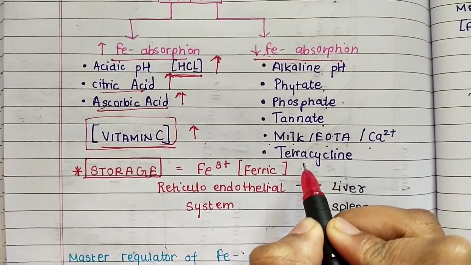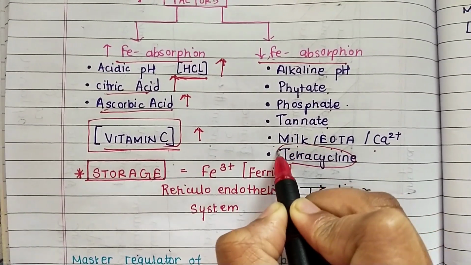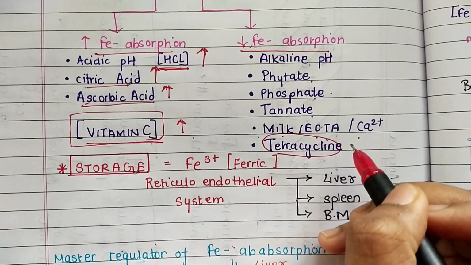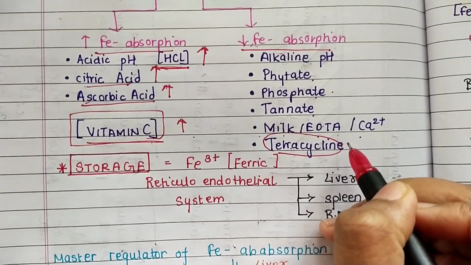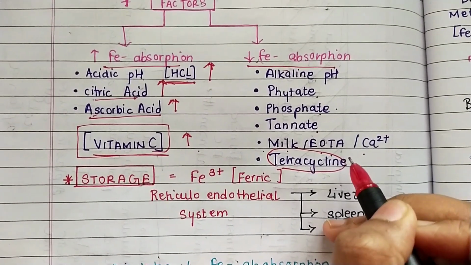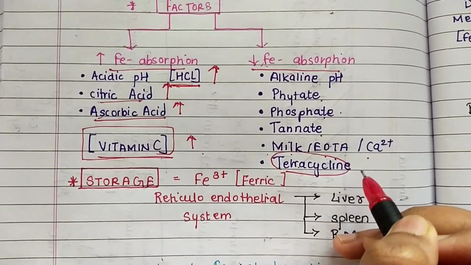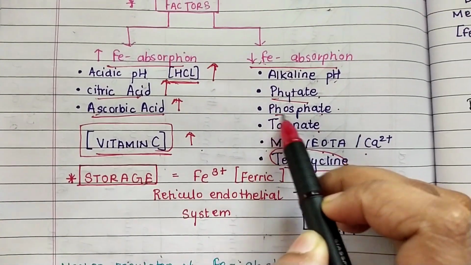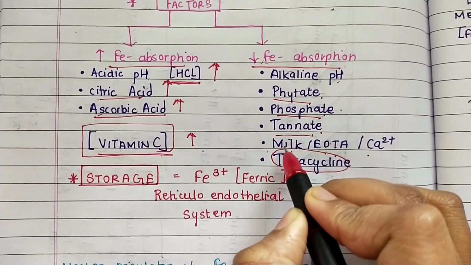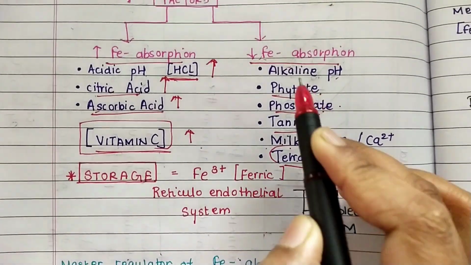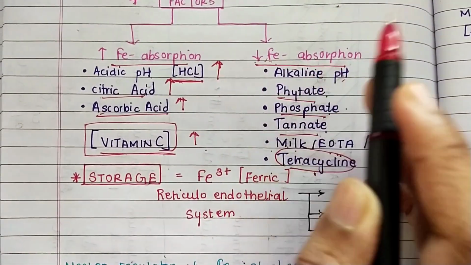And the most important is tetracycline. So patients on tetracycline drugs are the most common cause of decreased iron absorption. So alkaline pH, phytate, phosphate, tannate, milk, EDTA and calcium, and tetracycline are where the decreased iron absorption occurs.